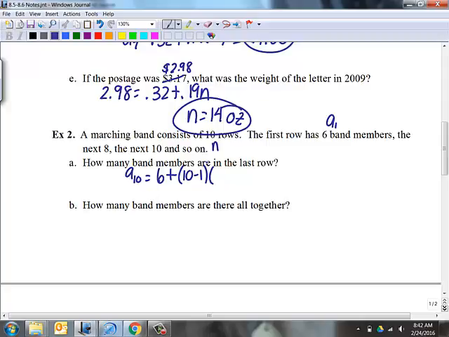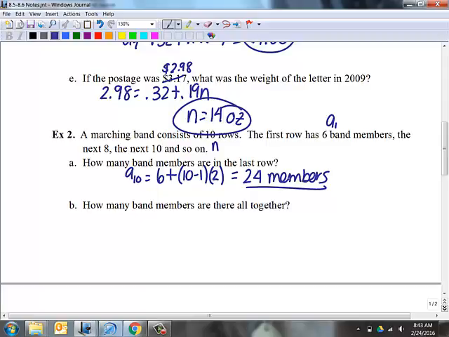So it's going up by 2 each time. So 6 plus 18 would be 24. So there's 24 members in the 10th row. This kind of problem is on your test. Any questions about that?